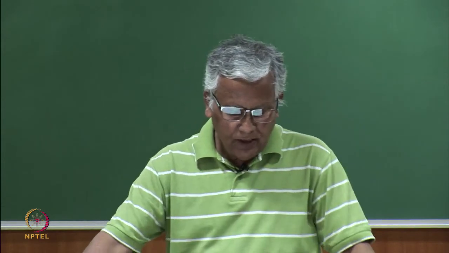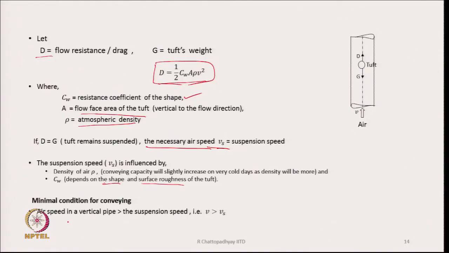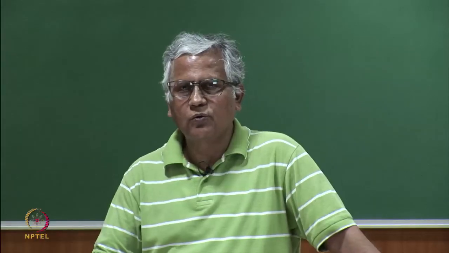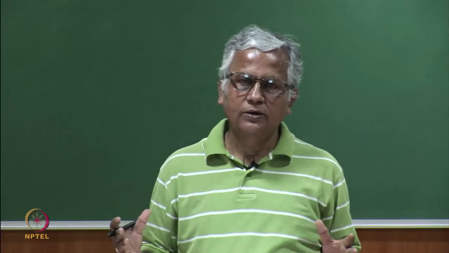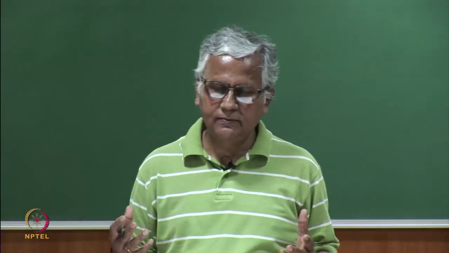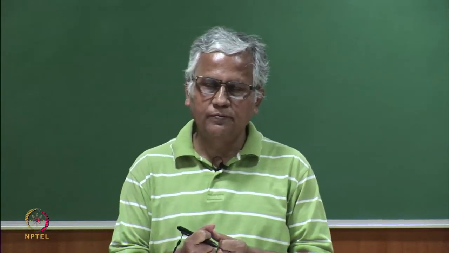Anyway, the minimal condition for conveying is that the air speed in the vertical pipe must be more than the suspension speed, that is V has to be greater than Vs, then only the tuft will move, otherwise the tuft is not going to move. So, we can find out the suspension speed of a tuft, and in the Blowroom line you see initially the tufts are very big in size, they are less open, they are dense also.